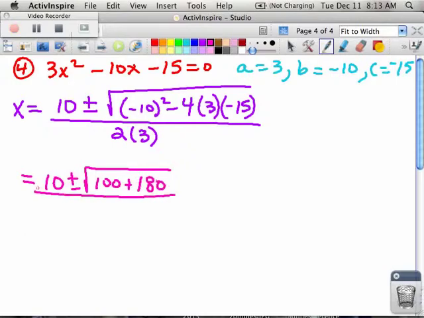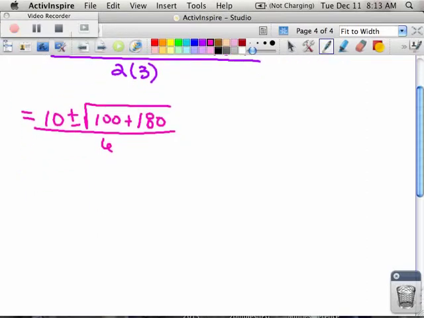And then 2 times 3 is 6. And if I continue to simplify, that means I have 10 plus or minus radical 280 all over 6.